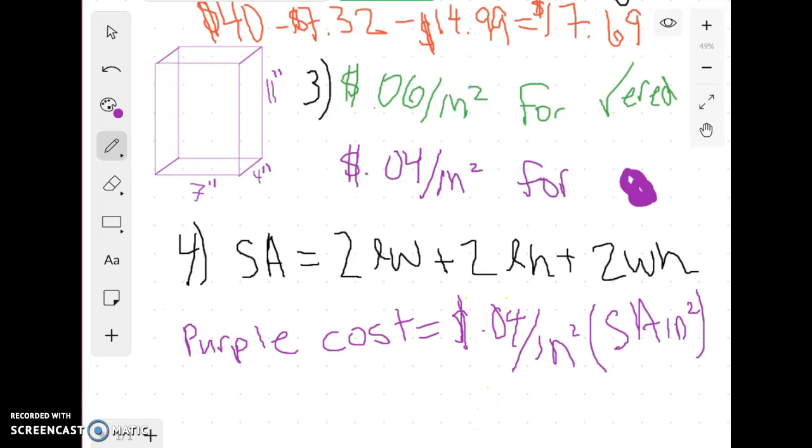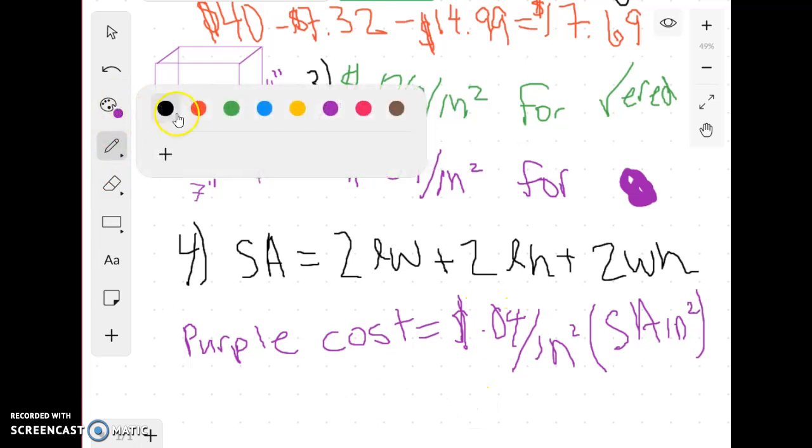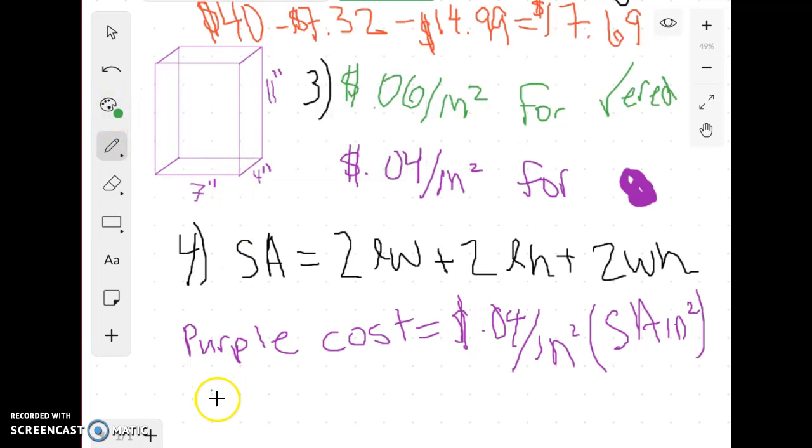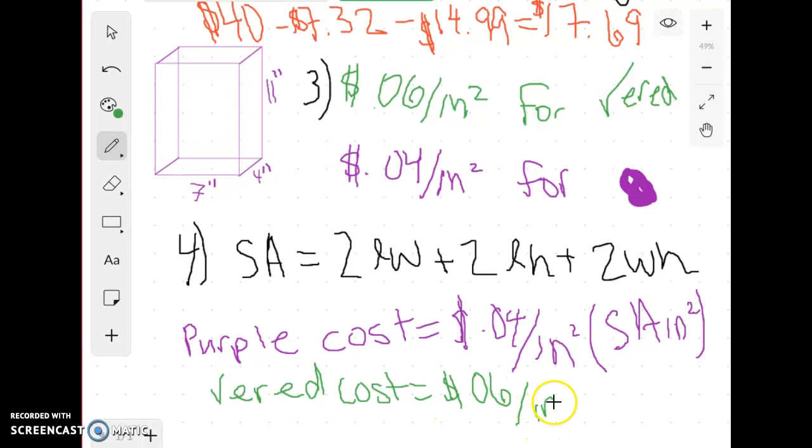So, perfect. So now if we do our checkered cost, we'll put that in green. Checkered is equal to $0.06 per inch squared times surface area.